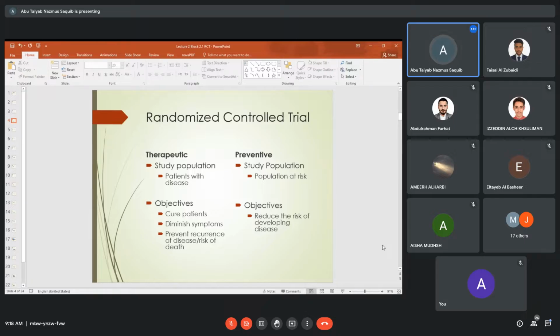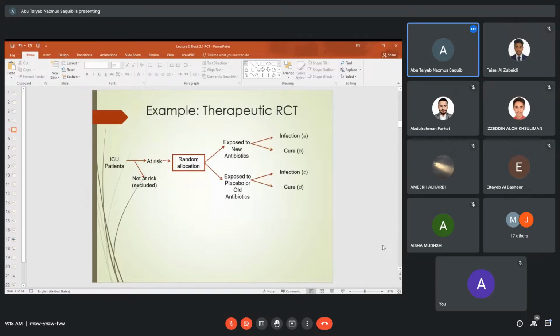Let's look at some examples, then it will be clear. A therapeutic RCT. Say you are working in an intensive care unit and you are using a particular type of antibiotic for infection. But now a new type of antibiotic has come on the market, publicized as better than the old one.